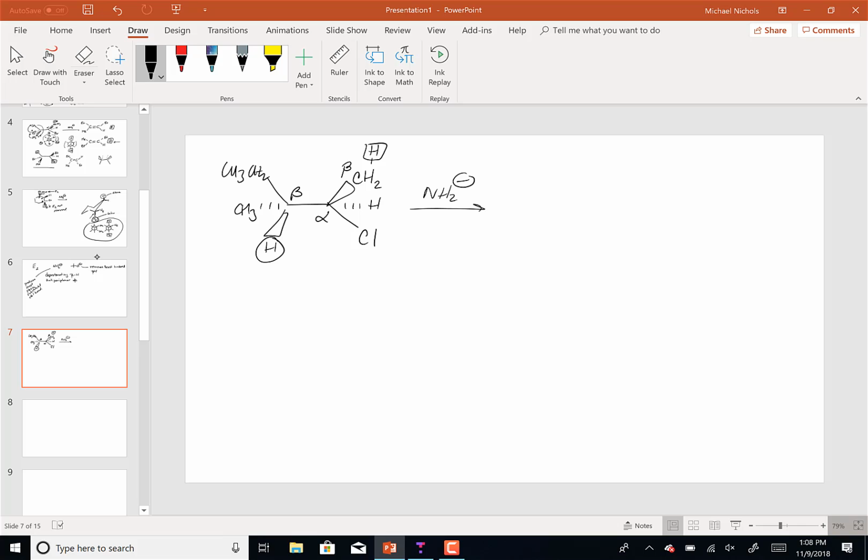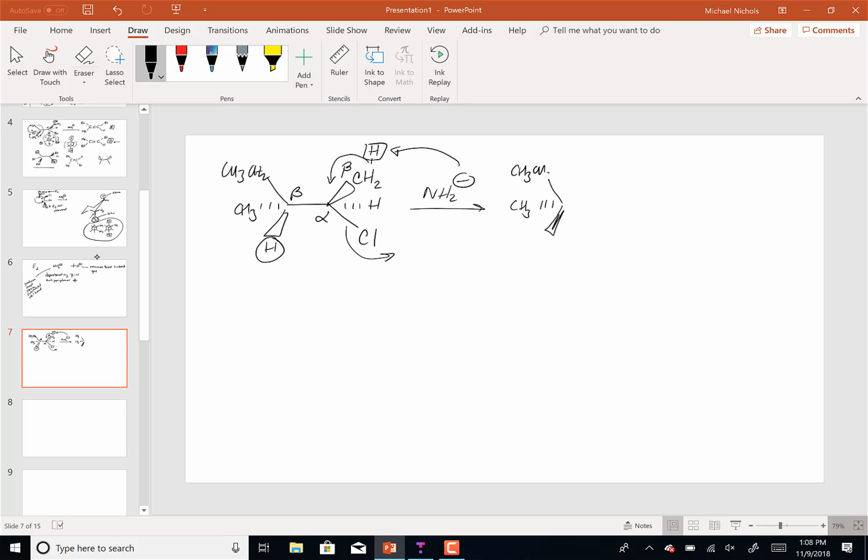Let's write the product that is not the major product. The NH2- would come in, pull off the hydrogen attached to CH2, the pair of electrons would move here, and the chlorine would get kicked off. If I was writing the structure of that product, the left carbon did not change.